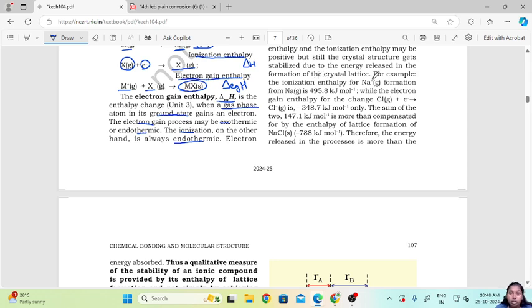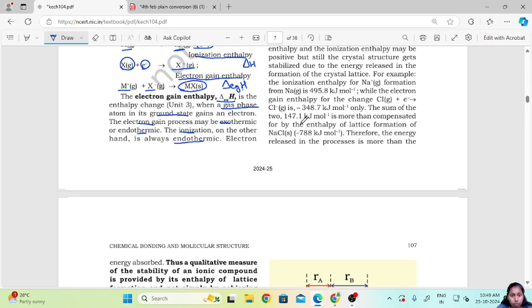the ionization enthalpy for sodium, Na plus formation, the sodium positive ion formation from sodium, while the electron gain enthalpy of chlorine, one is 495.8 kilojoules, which is your ionization enthalpy, whereas negative 348.7 kilojoules is your electron gain enthalpy.